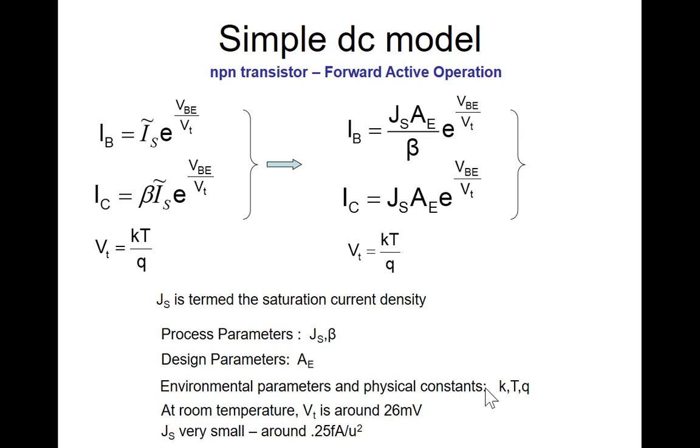Can we neglect it? Well, no, because VBE might be around 0.6 volts. 0.6 volts by 25 millivolts, you exponentiate a very big exponent, so that gets very big. So you get large currents flowing here. The coefficient is small, but that exponentiated term is very large.